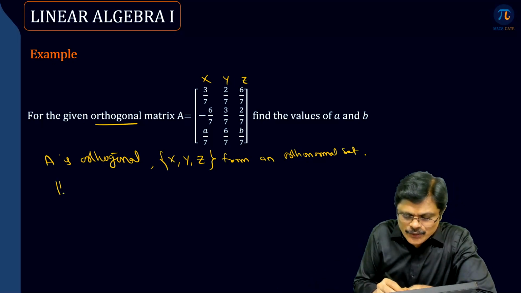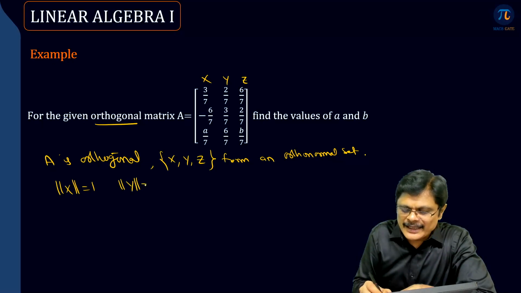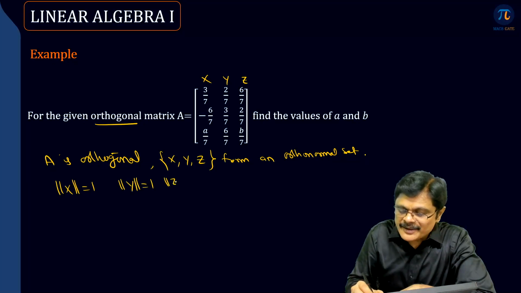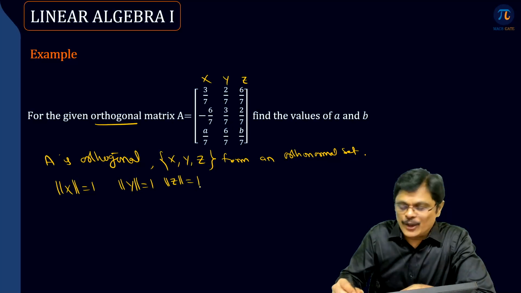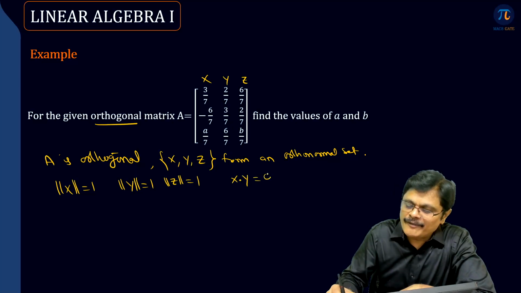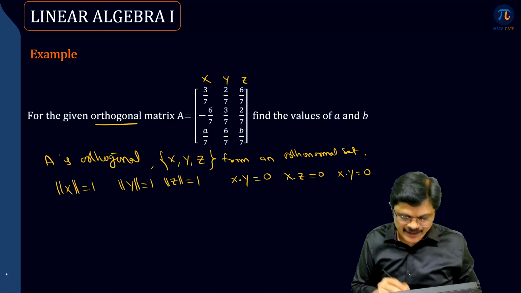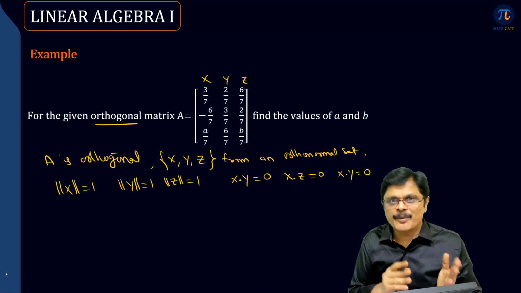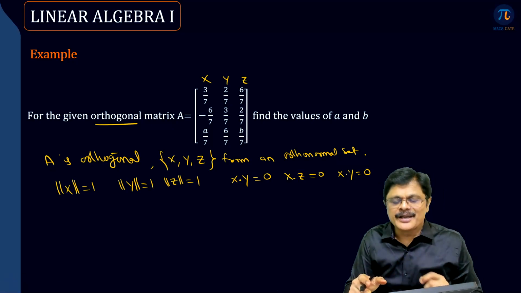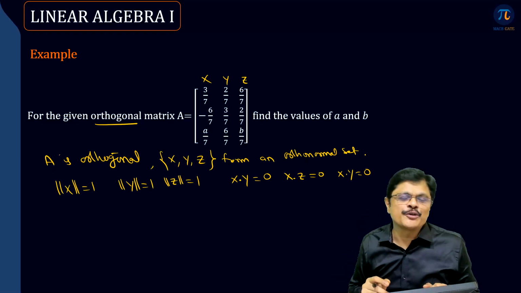That means the length of any column vector should be 1, and the dot product of any two vectors should be 0. We actually solved a similar problem earlier, where a matrix is given and he asks you to find a.